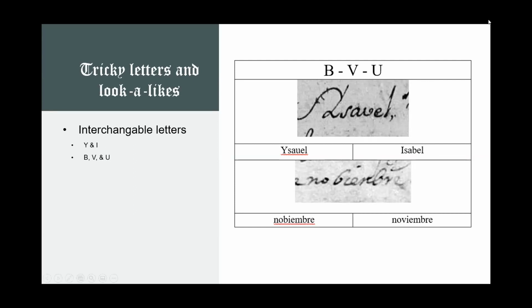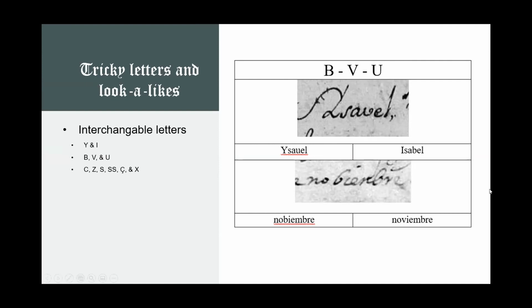So that's why, for example, we have this first example. We have Isabel, like the Spanish monarch, and you notice it's spelled with a Y again. And then we have a U instead of the modern spelling of a B. And then down here we have noviembre, which is spelled again with a B instead of a V.